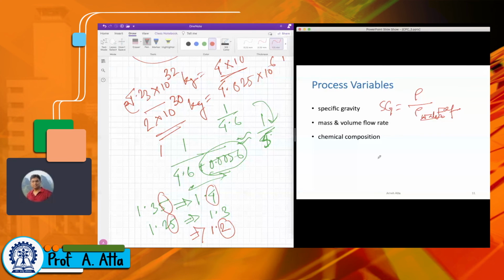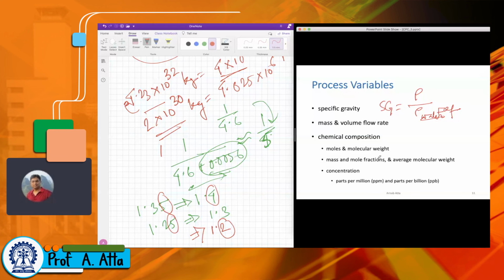The important parts, in fact everything I told you till now is important, but the most important are the chemical composition: moles, molecular weight, mass and mole fractions, either mass fraction or mole fraction, and average molecular weight.